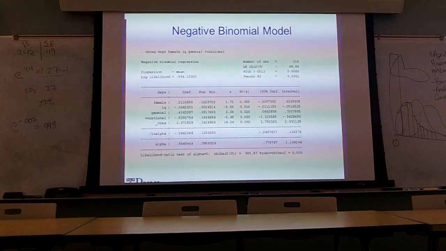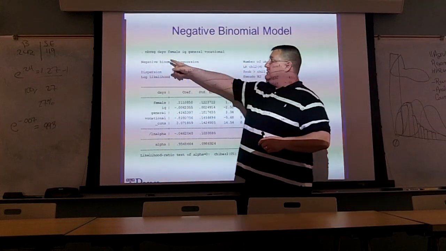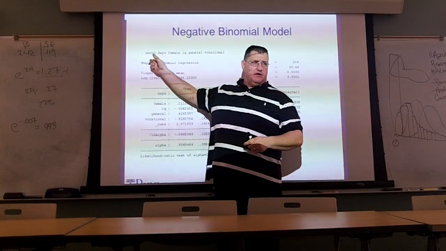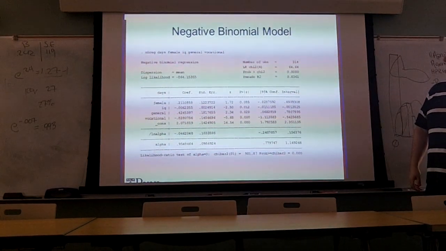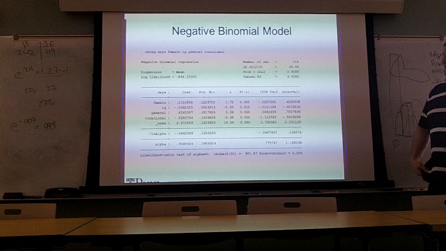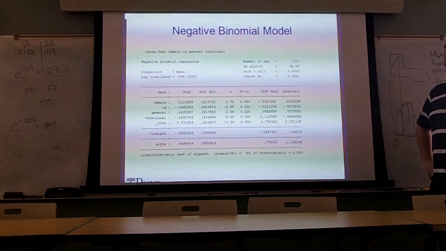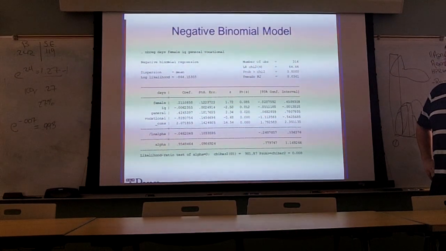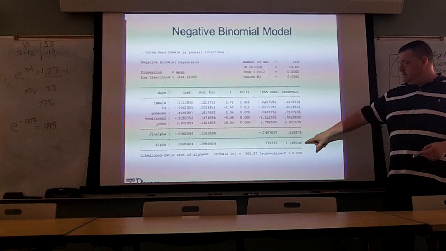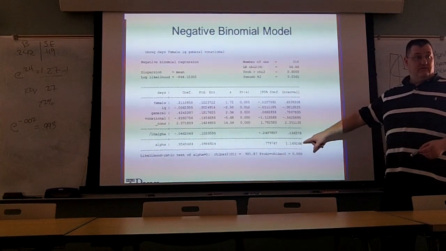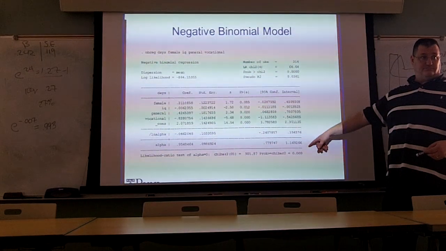So how do I do a negative binomial regression? It's really hard. I use an nbreg command, same format, same syntax. Now, this alpha down here is the estimate of that error term. Is there over-dispersion?